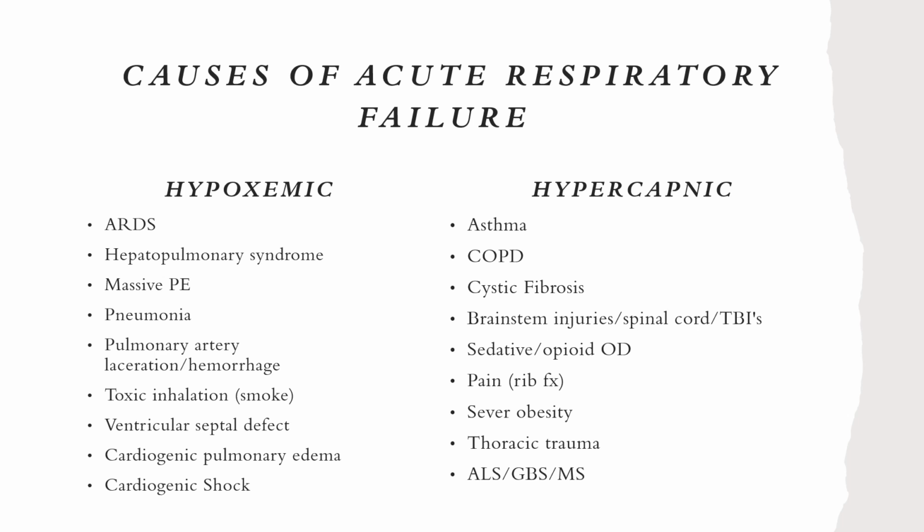So we're going to hold on to more CO2. Severe obesity, especially when the patient is laying flat, they're not going to be able to expand their lungs as well due to the pressure on their chest. Thoracic trauma, and again, neuromuscular disorders, ALS, GBS, MS. Okay, these are all reasons why we would be holding on to more CO2.